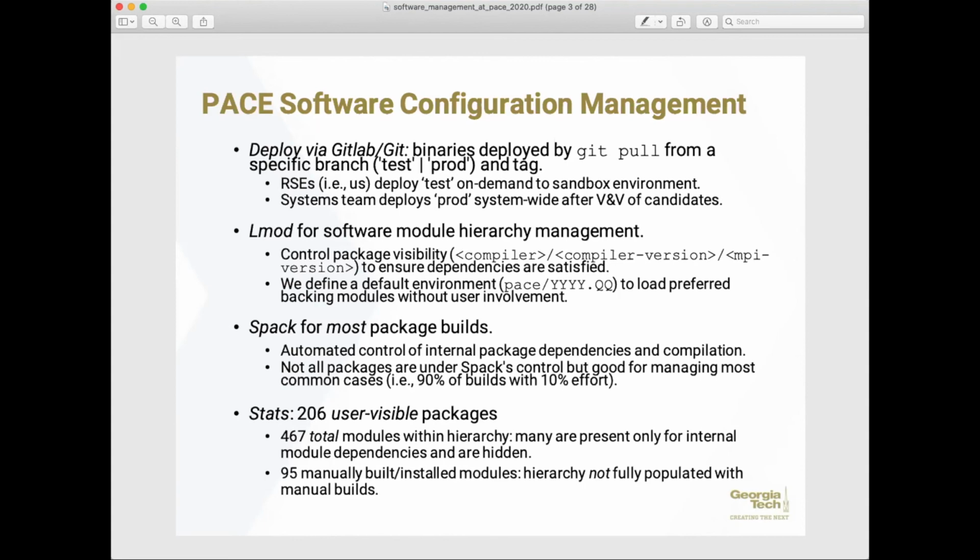We also use some tags to isolate certain architectural features. Now the RSEs, that is us, handle the deployment of our testing environment to sandbox systems so we can actually test things out without breaking the system. And then we work with our systems team to actually do the system-wide deployment of our production environment after we pass the verification and validation of our candidates.